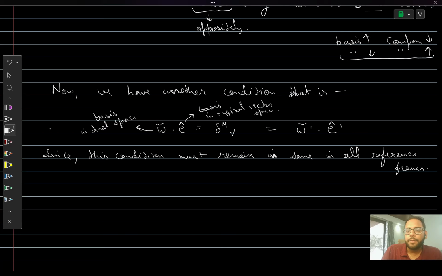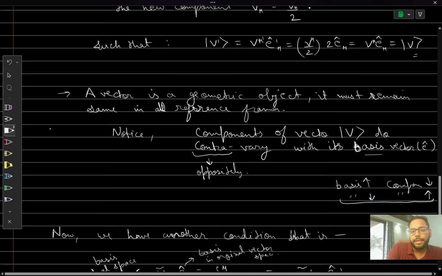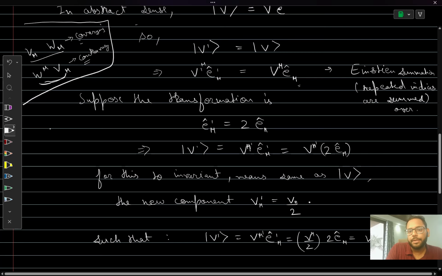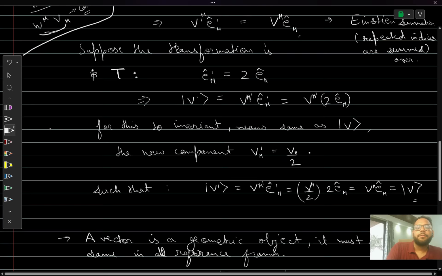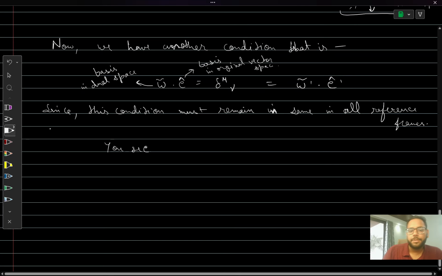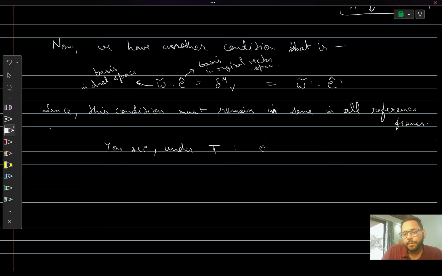Okay, now you see, taking the same transformation, let's denote it by t. Applying the same transformation under t, this is twice of this one.